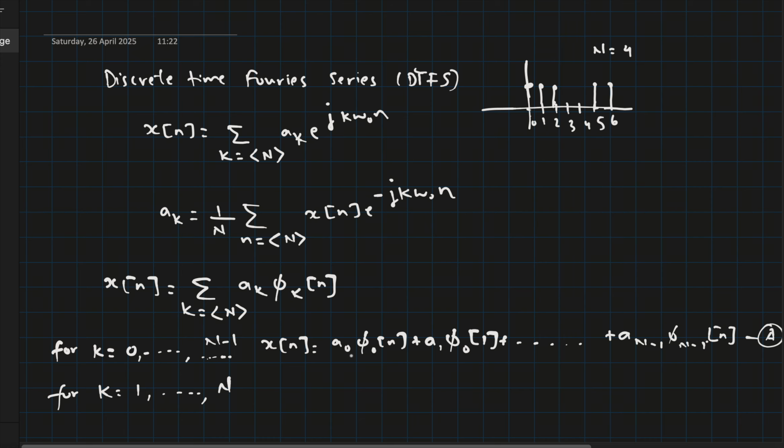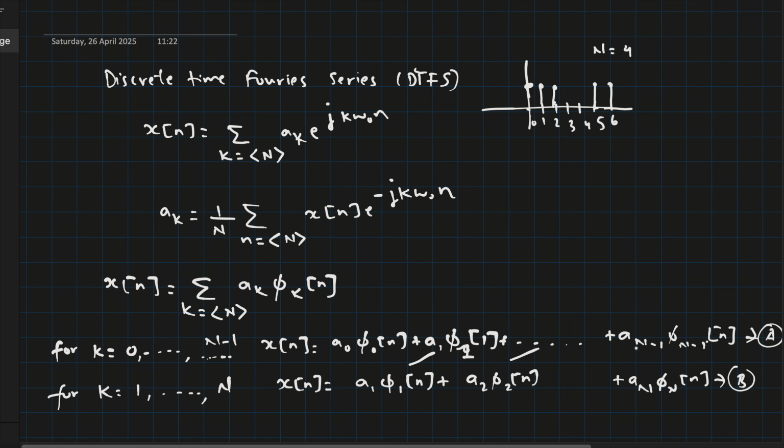Then x of n equals a 1 phi 1 of n plus a 2 phi 2 of n plus up to a N phi N of n, and this is equation B. We know these are the same thing, and the difference is only on this and this.